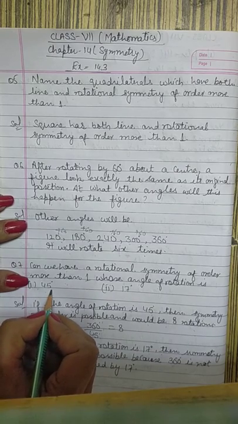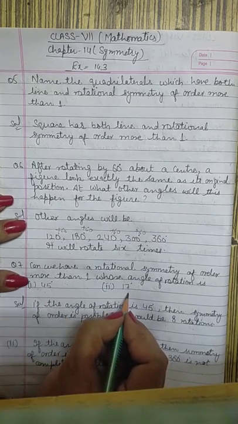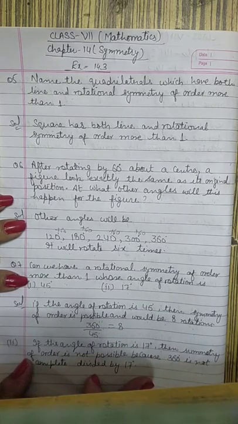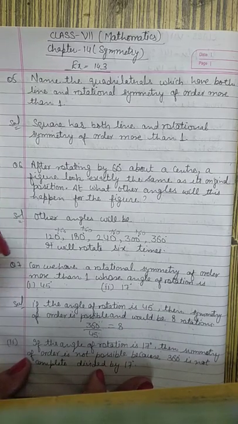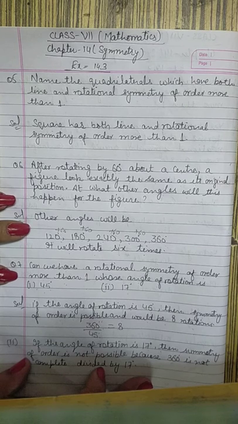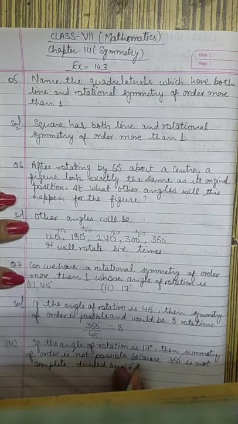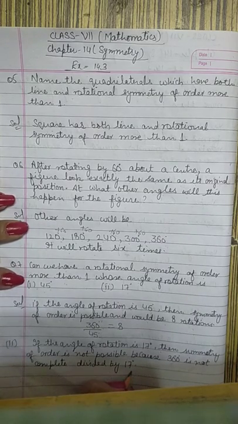In the same way we can do the other part, where we have 17. Now we'll check whether we can divide 360 by 17 or not. If it is properly divisible, then we can say that yes, it can have order of rotation more than 1. As you can see, on dividing I found that we can't divide 360 by 17 properly.